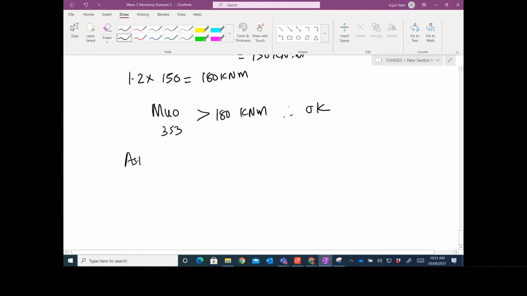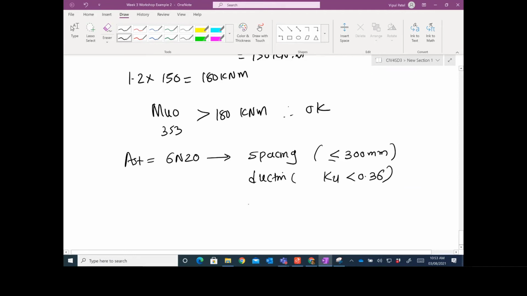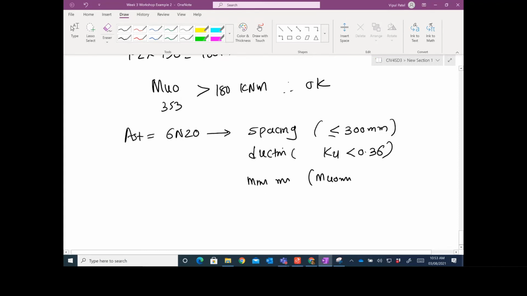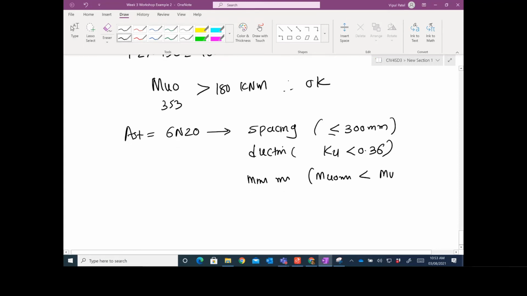Our AST has passed all the checks. It has passed the spacing requirement: spacing should be less than 300 millimeters. It has passed the ductility requirement: KU should be less than 0.36. It passed the minimum moment: M minimum is less than MUO. So it has passed all the checks: spacing, ductility, minimum moment.